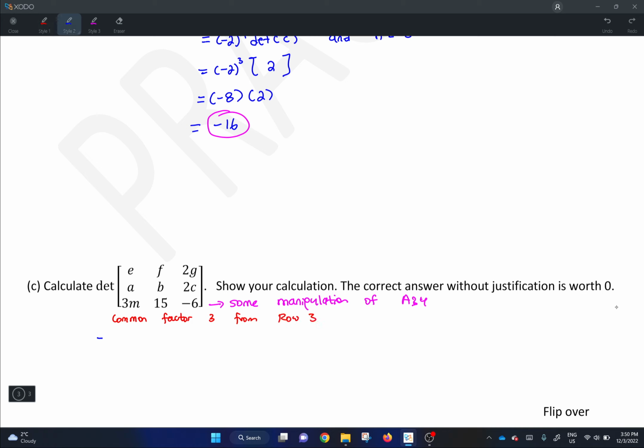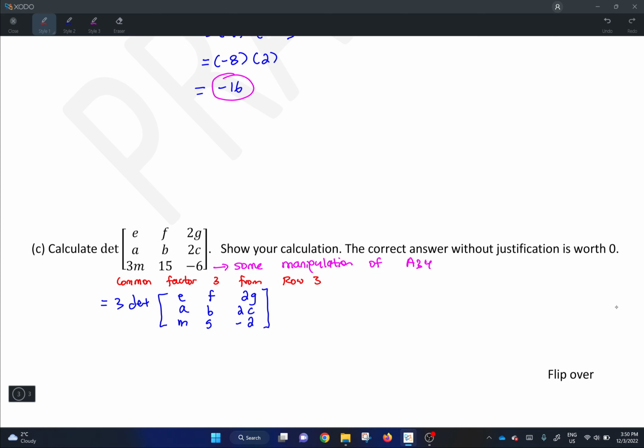So take that 3 out. We get 3 times the determinant of E, F, 2G, A, B, 2C, and then 3M divided by 3 is M, 15 divided by 3 is 5, negative 6 divided by 3 is negative 2.